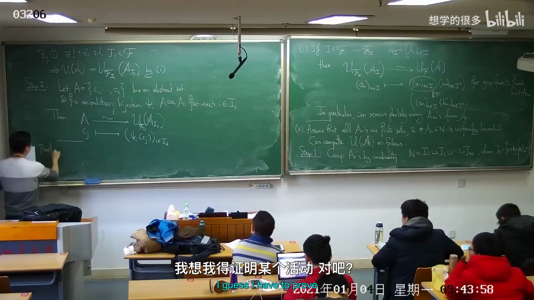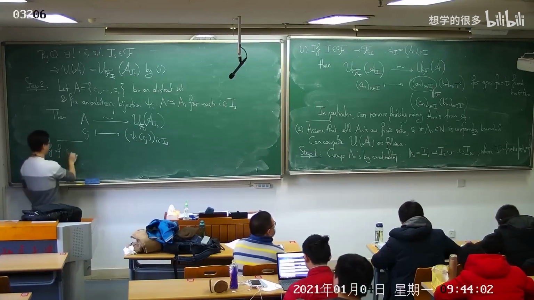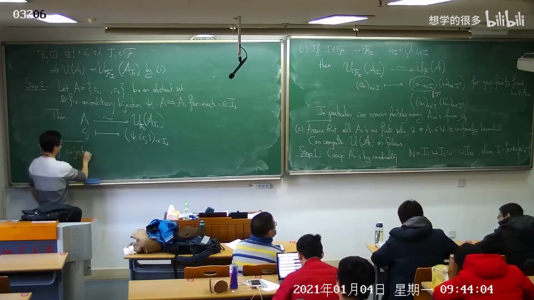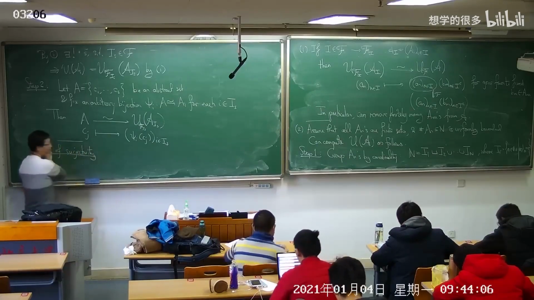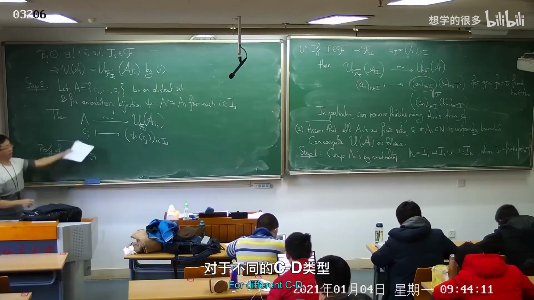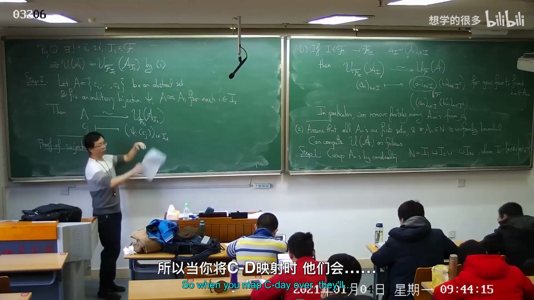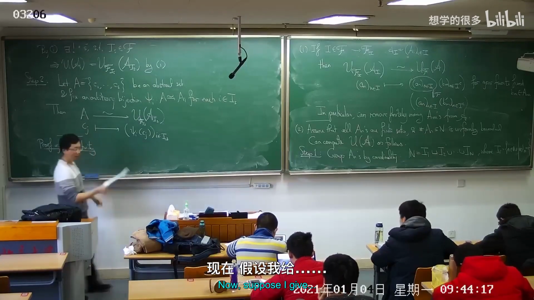I guess I have to prove surjectivity, right? I mean, the injectivity is kind of clear. Yeah. The injectivity is clear for different CJ. So when you map CJ over the right.